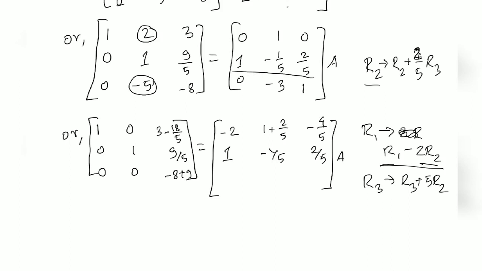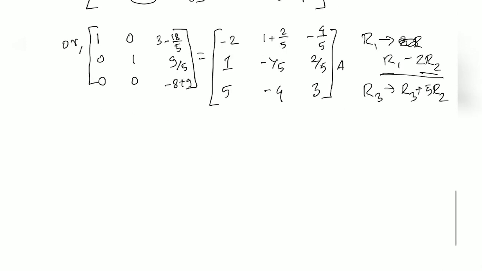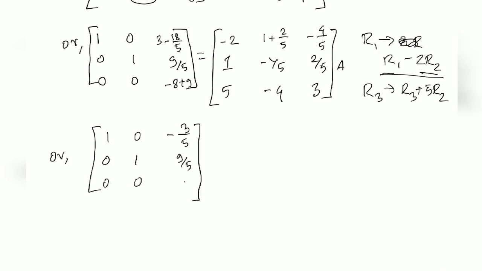So 0 plus 5 into this R2, so we have 5, and here it's clearly minus 4, and then here is 3. On the next line, let us write this simplified form: 0, 1, 9 by 5, 0, 0 and 1.